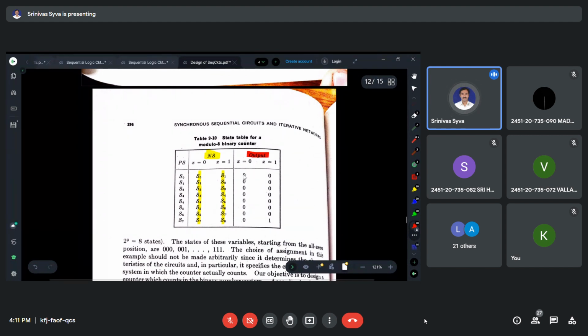When x equal to 0, what is the output? It is mentioned. When x equal to 1, what is the output? Okay, the output is always 0. Only when 8 pulses are received is the output set to 1.